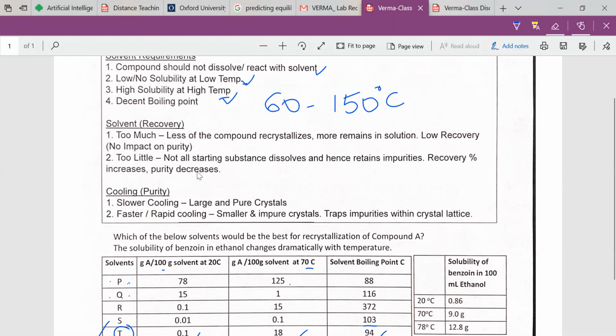So how much solvent you add and how fast or slow your cooling is done will impact your recovery and your purity. And this is what your lab and the theory behind this lab and the questions on your exam will be primarily based upon.